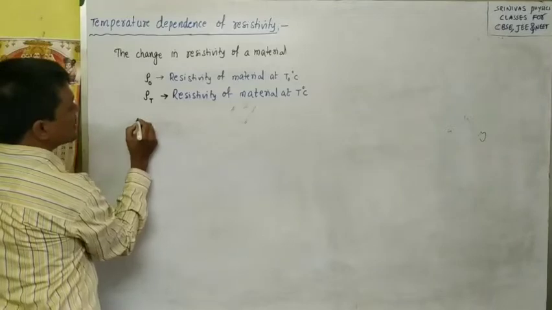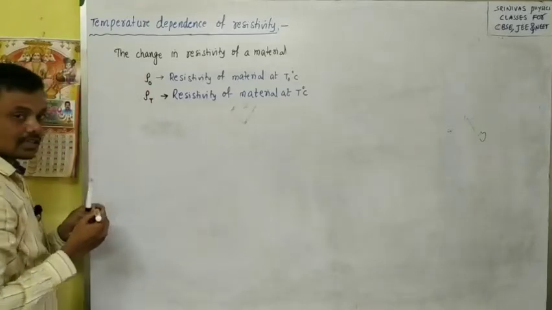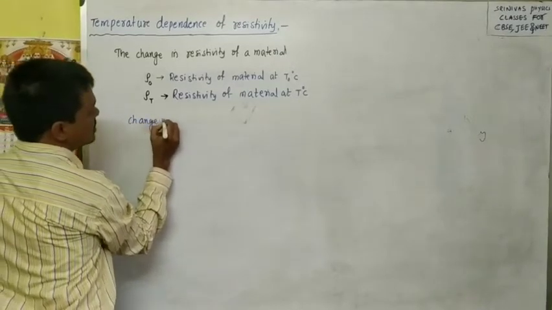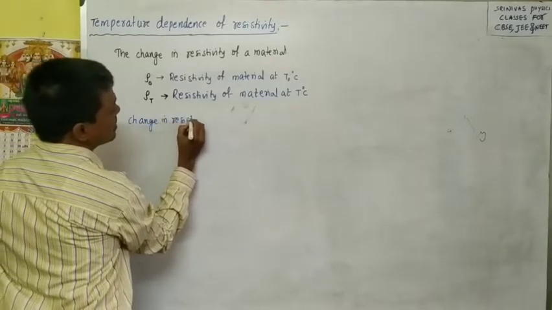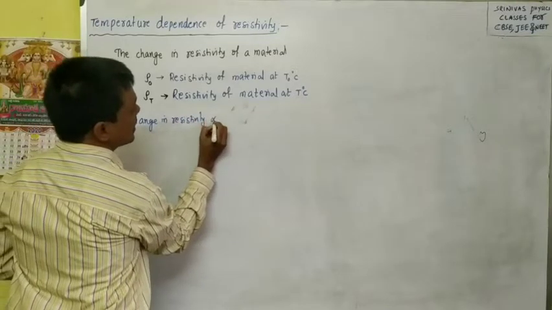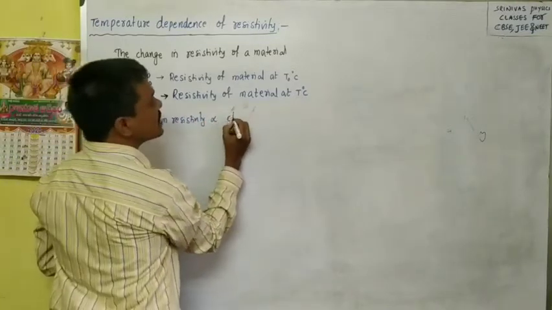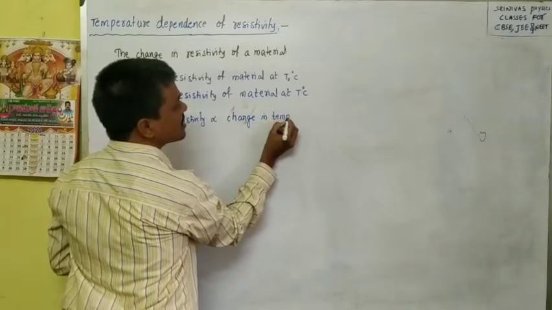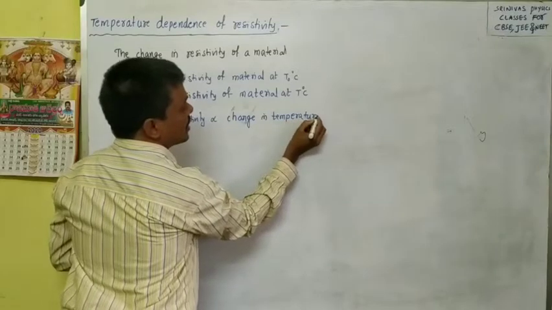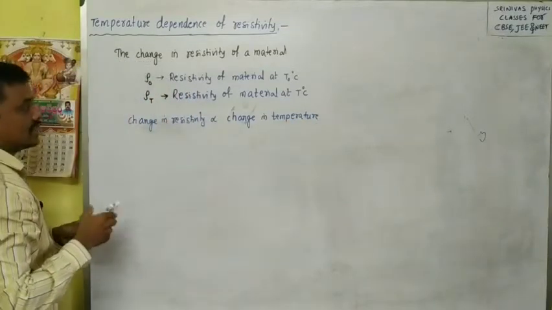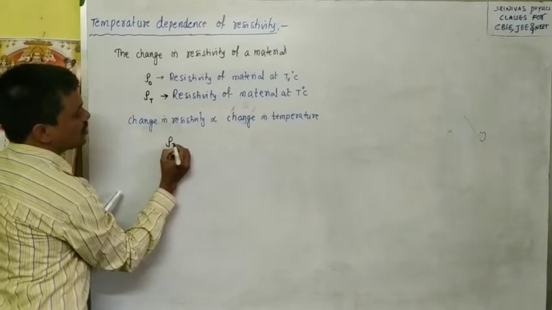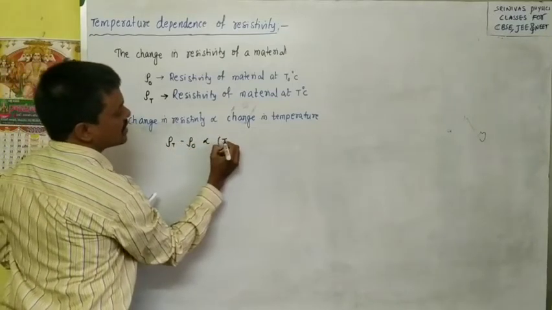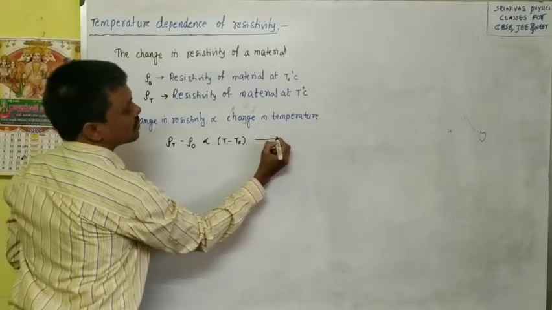The change in resistivity depends upon some factors. The change in resistivity is directly proportional to the change in temperature. If the change in temperature is more, then the change in resistivity is also more. We write this as rho T minus rho naught proportional to T minus T naught. This is equation 1.